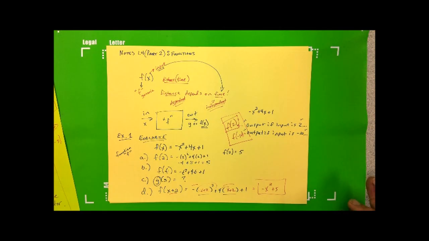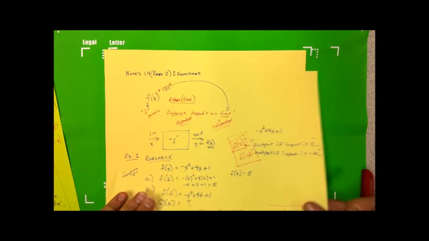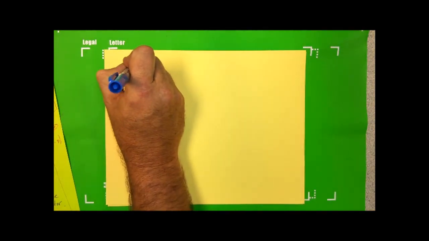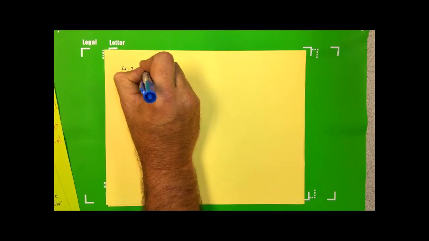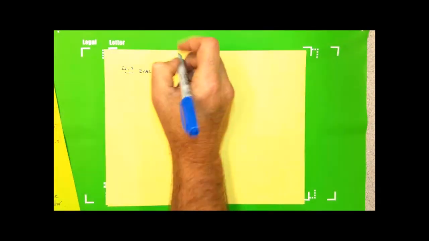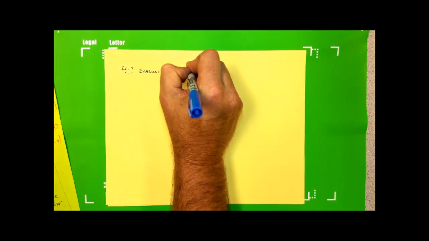Now, if that's the case, then certainly there are other types of things we would want you to evaluate. For example, what if I asked you to evaluate f of x when it is equal to 0?